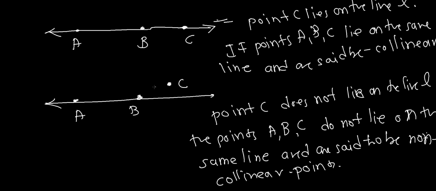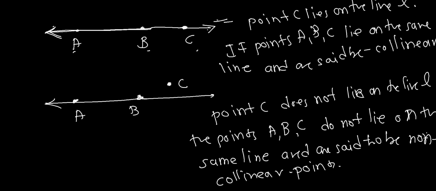points. So in the case where a line is going through 2 points, and if the other point lies on that line, it will be said that points A, B and C are collinear points.